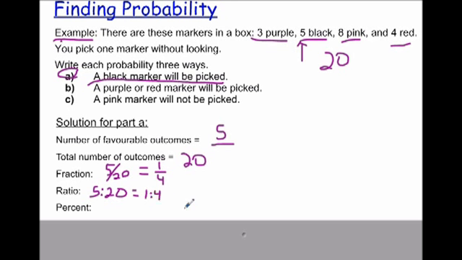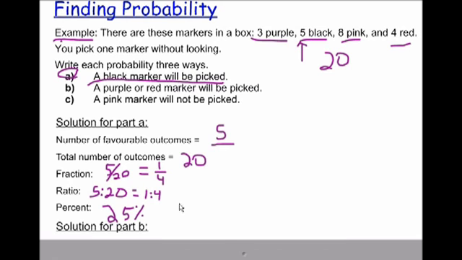1:4. How do you change that to a percent? 1/4 would be 25%. This is probably one area in which students have a little bit more difficulty changing it to a percent. But when all else fails, I always say to my students, if it's a calculator section, you're allowed to use your calculator.